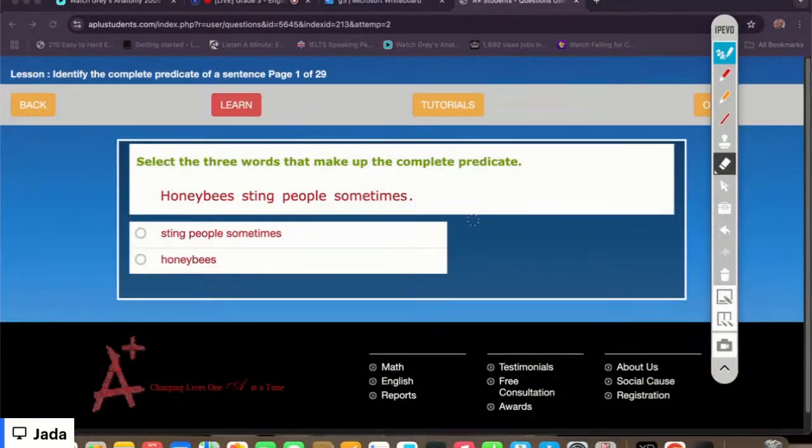Honeybees sting people sometimes. So, what is the complete predicate here?